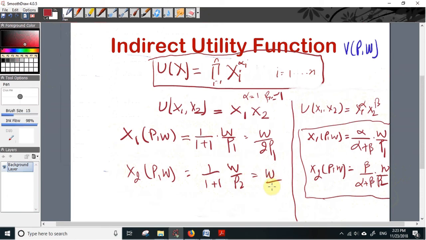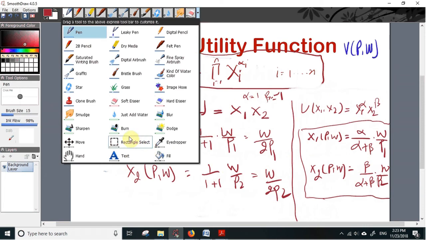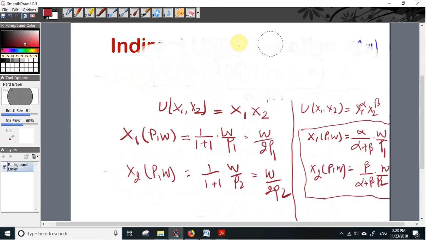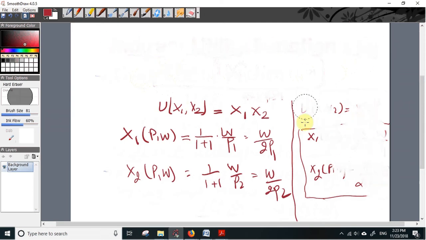So this is w over 2p2. So now finally we substitute these demand functions in the utility function, and we get the indirect utility function.